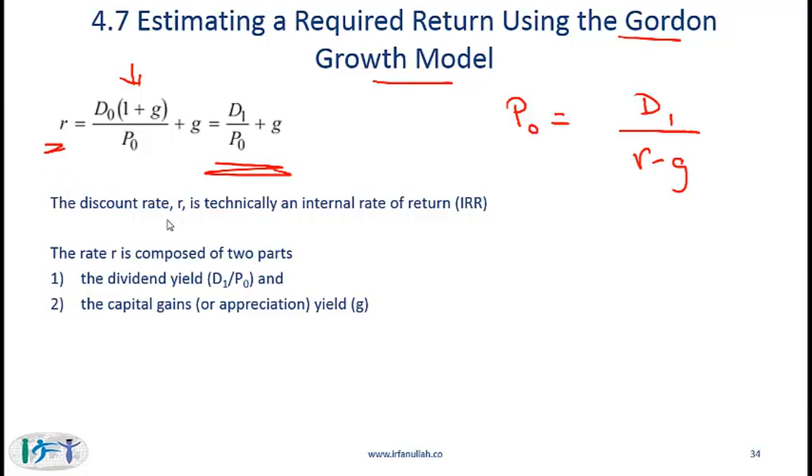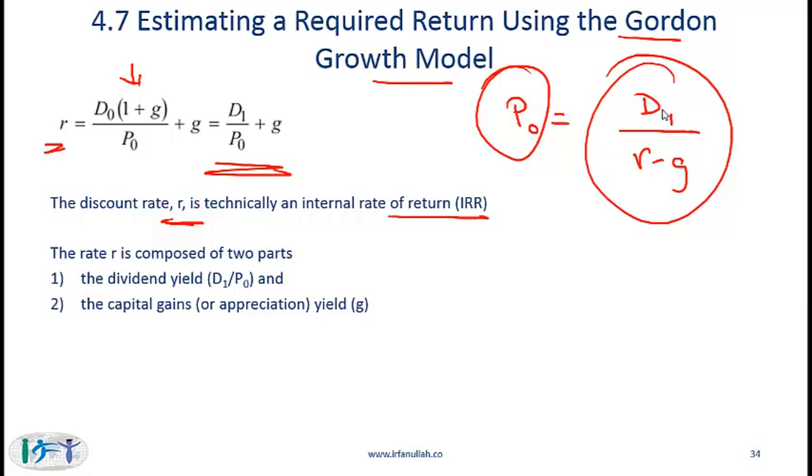The discount rate R is technically an IRR. What is IRR? IRR is that rate which makes the present value of the future cash flows equal to the initial investment. When you buy a stock, what's that investment? It is P0. What is the present value of the future cash flows? It is D1 over R minus G, assuming constant growth.